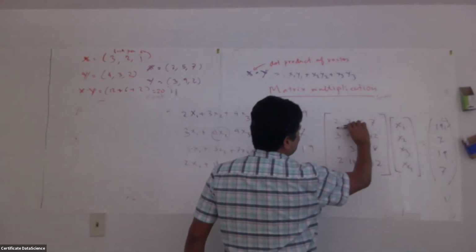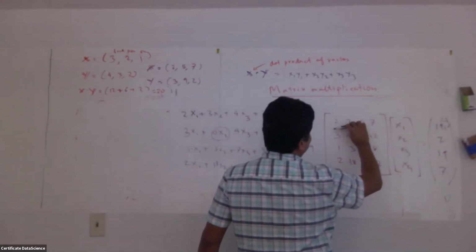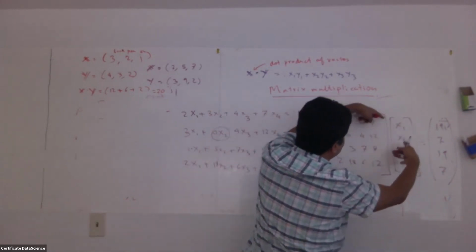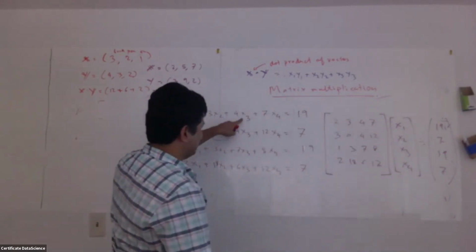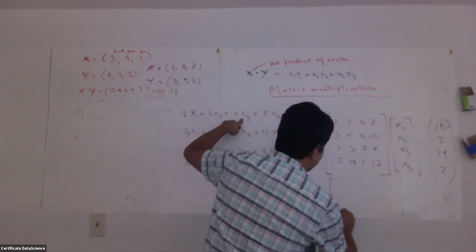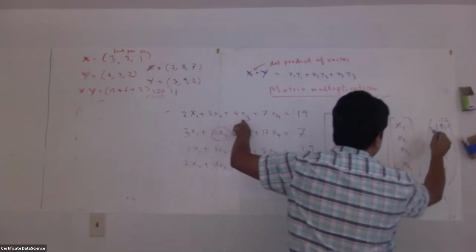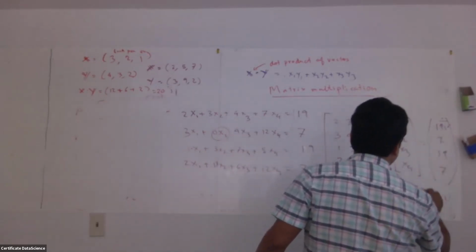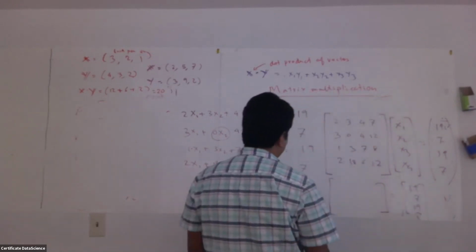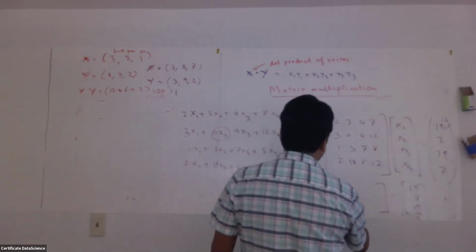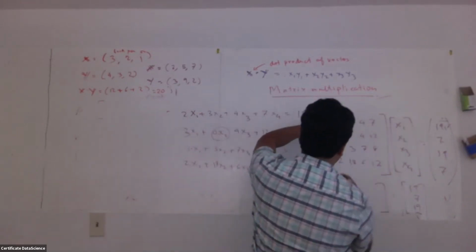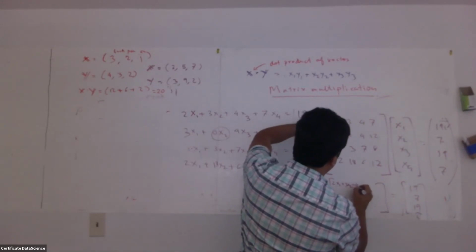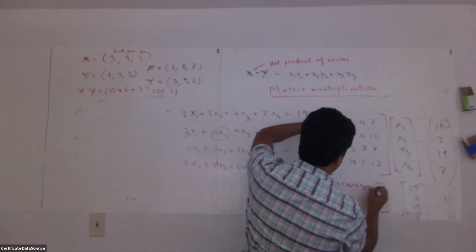So think about it. When you do this multiplication to get the matrix, you are essentially going to multiply this and put it there. So essentially, you can say, this multiplied by this, what happens? 2x1 plus 3x2 plus 4x3 plus 7x4.